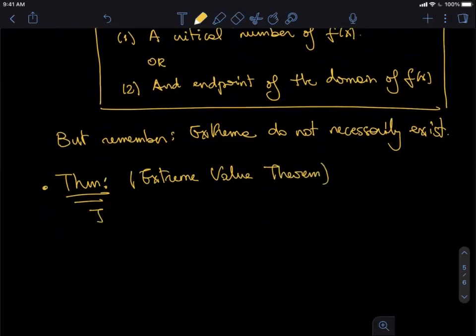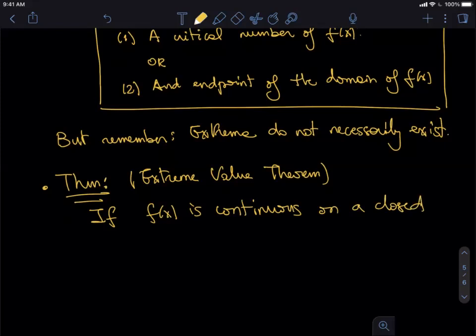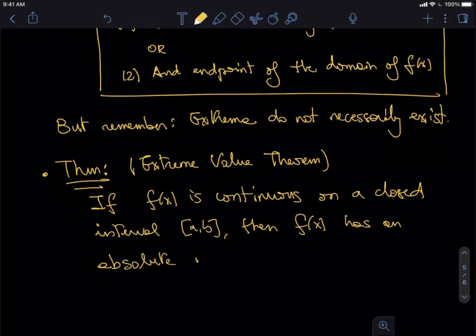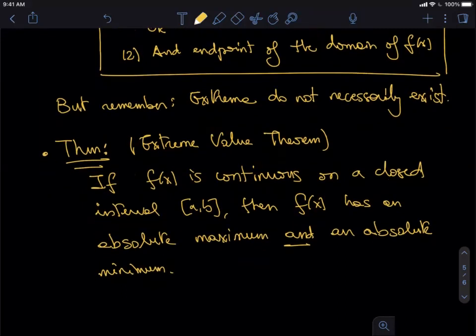It says that if f of x is continuous on a closed interval [a, b], then f of x has both an absolute maximum and an absolute minimum, and these are to be found in [a, b].